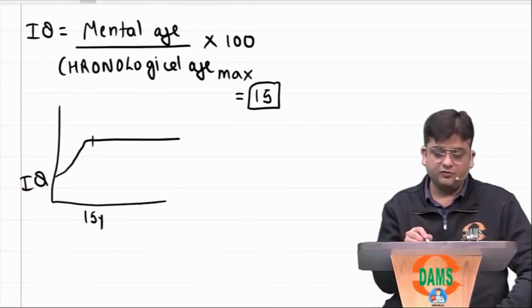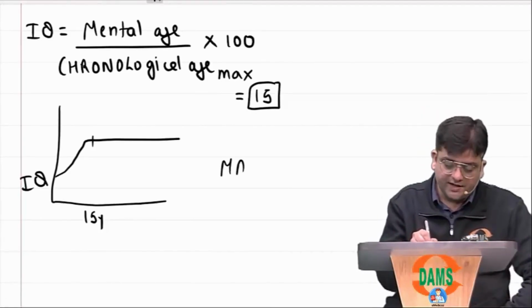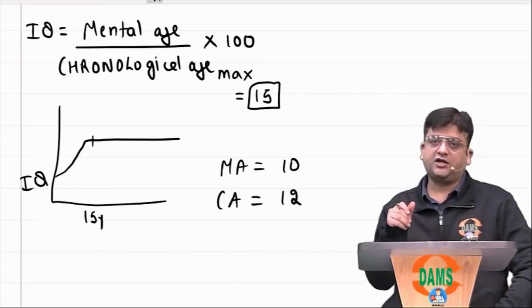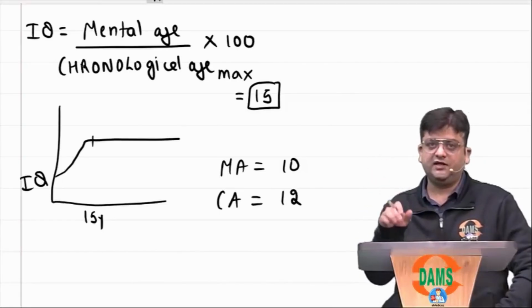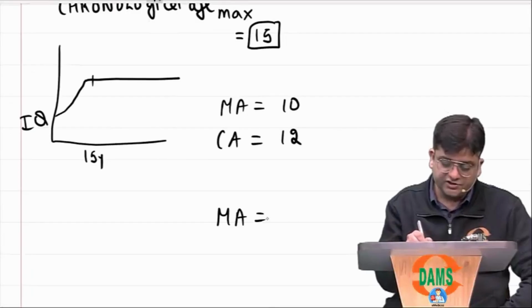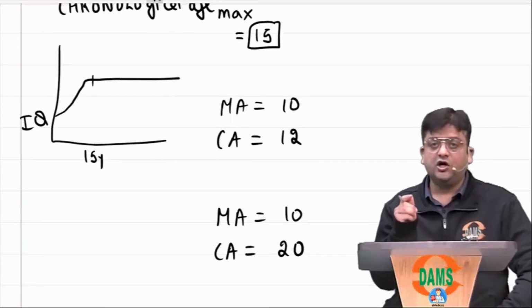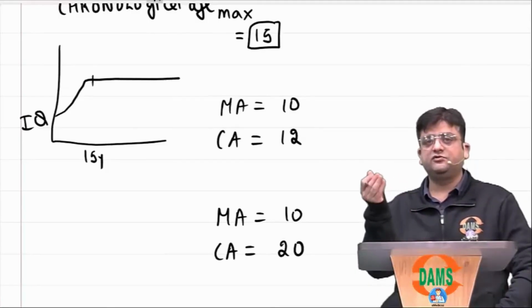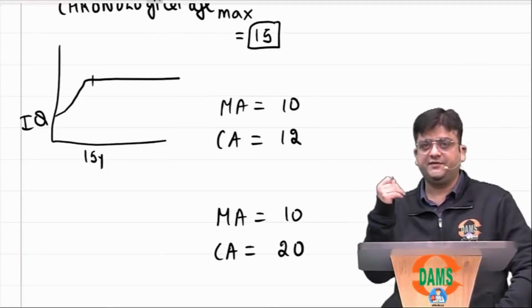So if in a numerical they give you mental age 10, chronological age 12, you take actual, that is 10 by 12. But if they give you mental age 10 and chronological age 20, you don't take 20, rather you calculate 10 by 15.